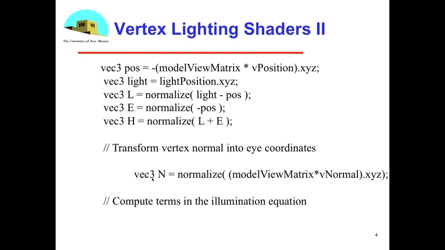Okay, I also have to transform the normal. If I transform the position, I also transform the normal. Here I'm arguing that this is really obtained by just the same thing that I did up here, multiplying by the model view matrix and then just selecting those first three components. That's not the most general case.